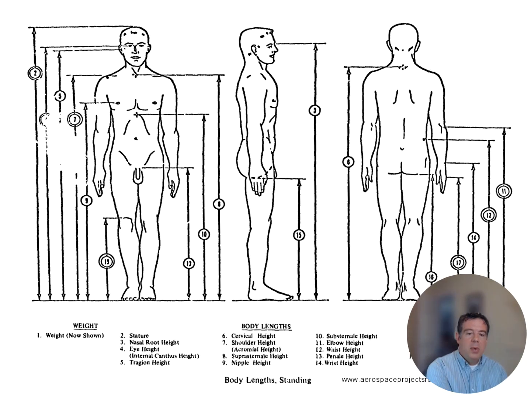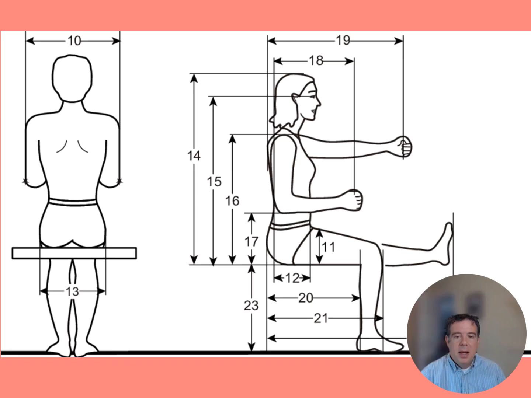So again, we can use drawings to calculate all of these, and we'll use this as part of our activity. Same thing with the sitting, tons of measurements we can use from the hip going down to the ground, for example. For the height, we can use the width here of that seat span, all kinds of measurements.